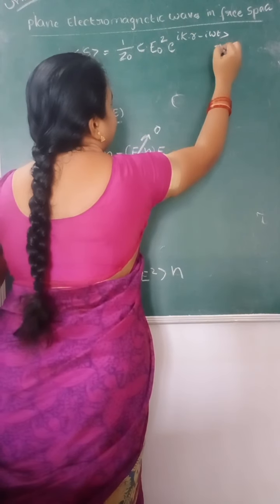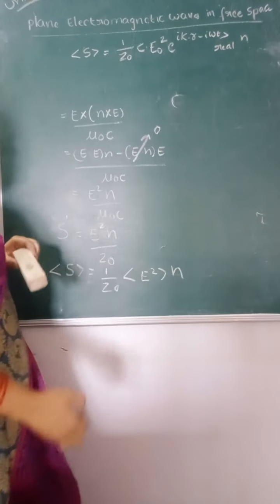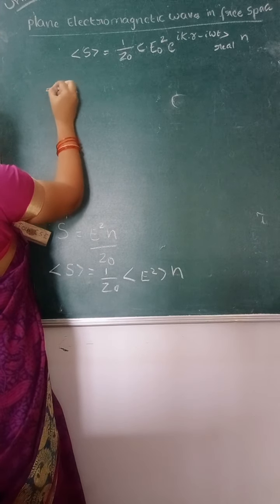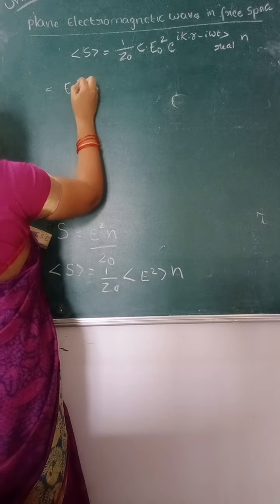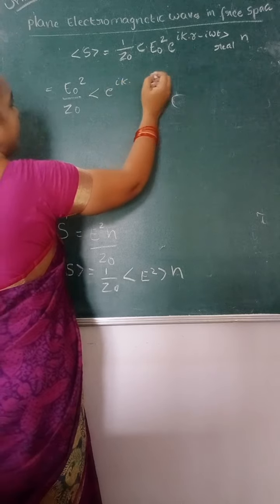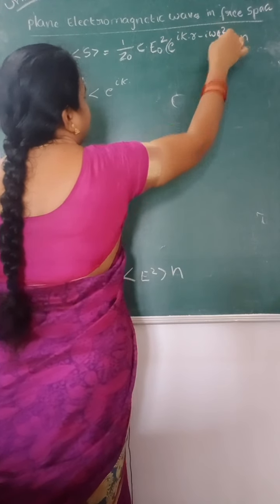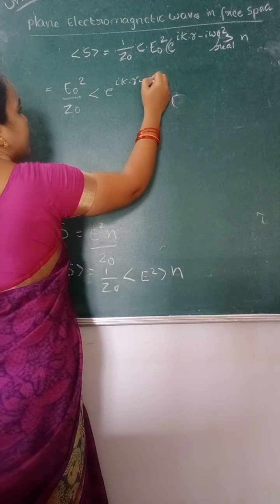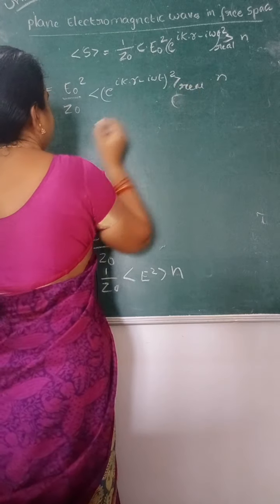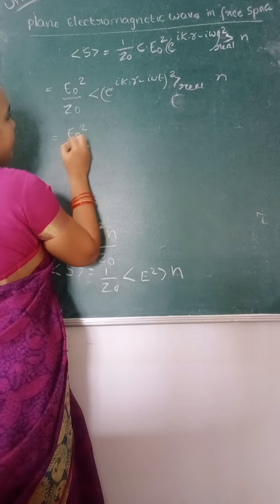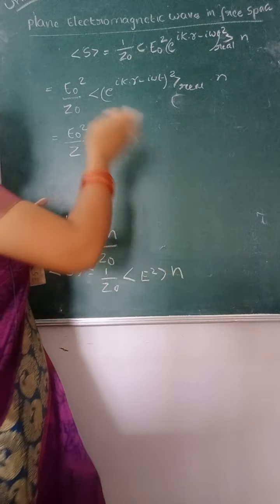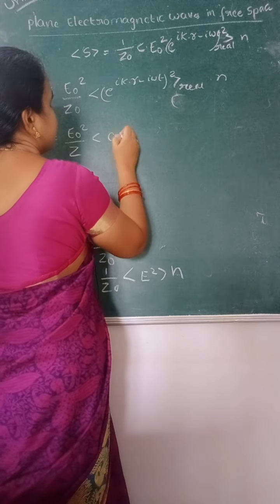Here we should take the real value multiplied by N. E naught square is a constant complex amplitude, so we take the real part of e power i k dot r minus i omega t whole square, multiplied by N. e power x is cos x plus i sin x, so the real part is the cos term, that is cos square.